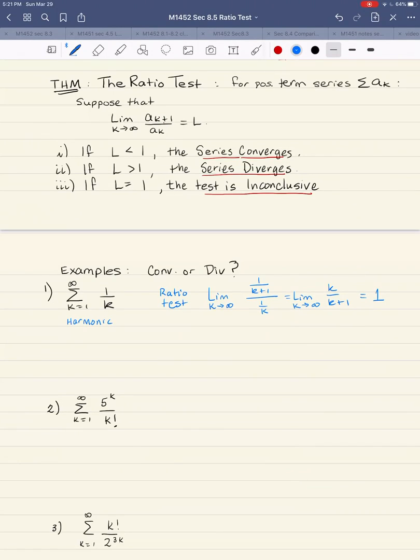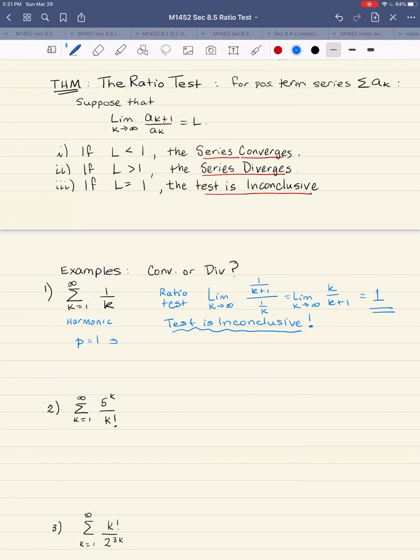Even though this is such an obviously diverging series, this ratio test is inconclusive. Right? We need the limit to be something other than 1, bigger than 1 or smaller than 1.